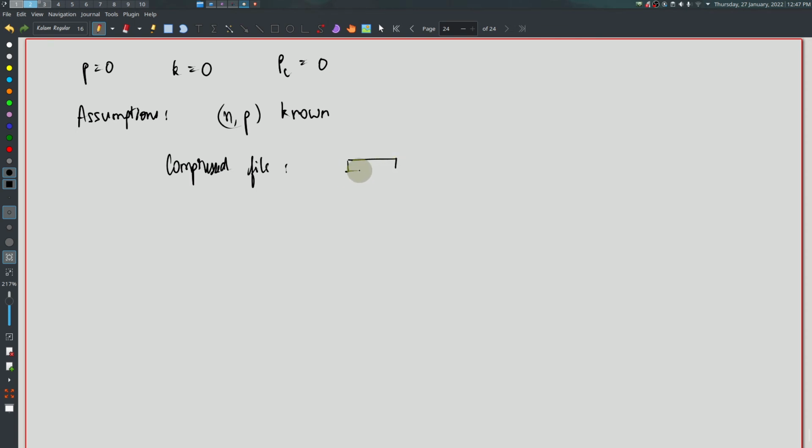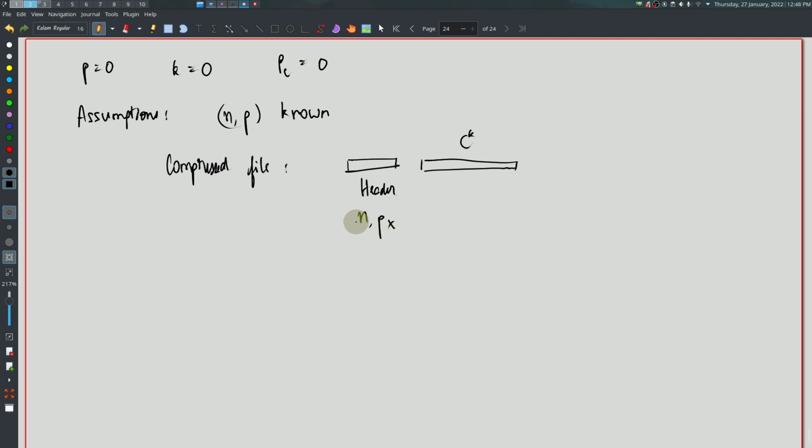One is a header, which contains all of this information. It contains information about n, it contains information about px and so on. And the remaining is the actual compressed sequence. So this is the ck. Okay.